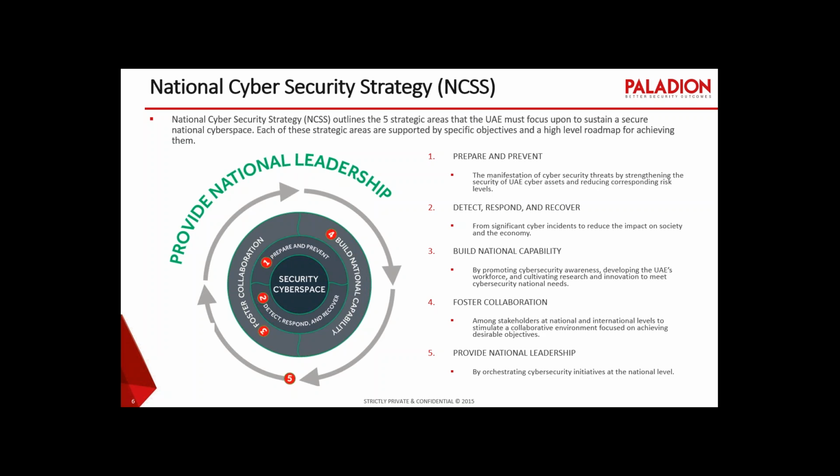So since the focus is to secure the national cyberspace, NESA has come up as a single authority who would orchestrate all sorts of cybersecurity initiatives at the national level. So these are the 5 strategic areas that the National Cybersecurity Strategy talks about.